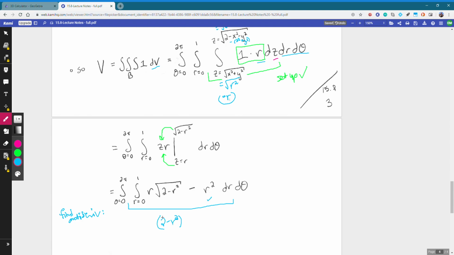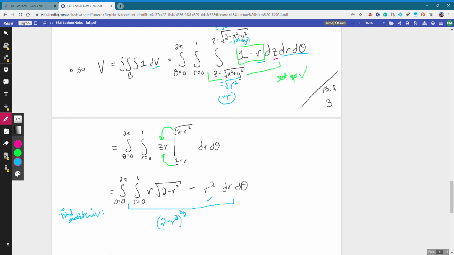The power that we have originally is 1/2, the square root of the stuff is 2 minus r squared to the 1/2 power. Well, where that would have to come from, thinking in terms of antidifferentiation, is 1 higher than 1/2, or in other words, 3/2. So that's the power that's going to have to be there for our antiderivative.